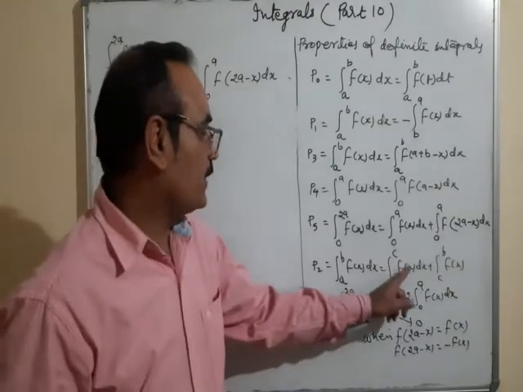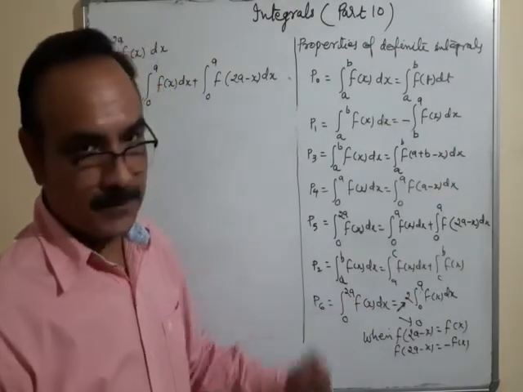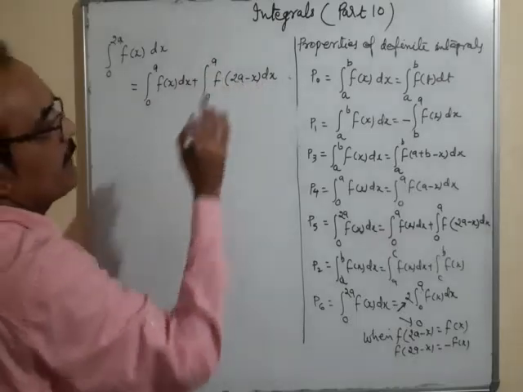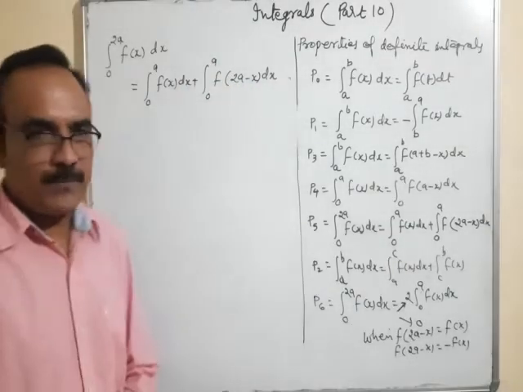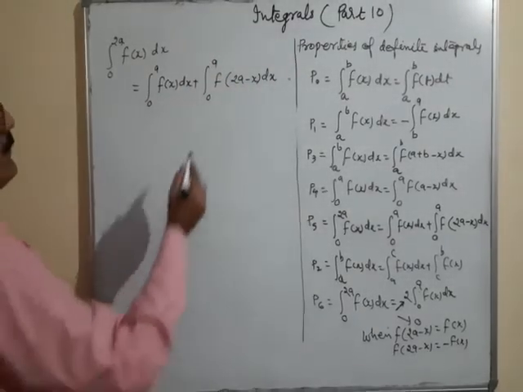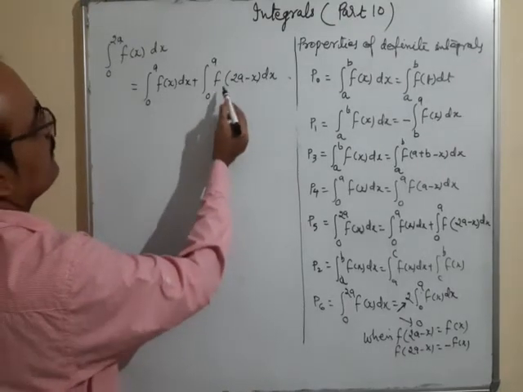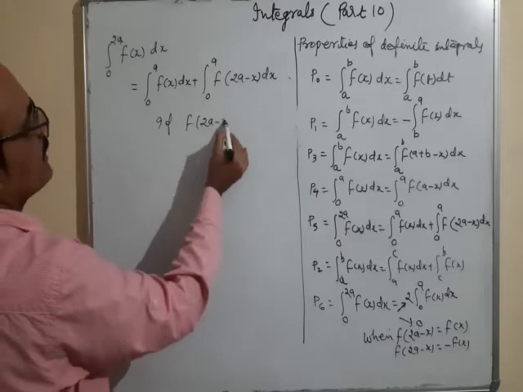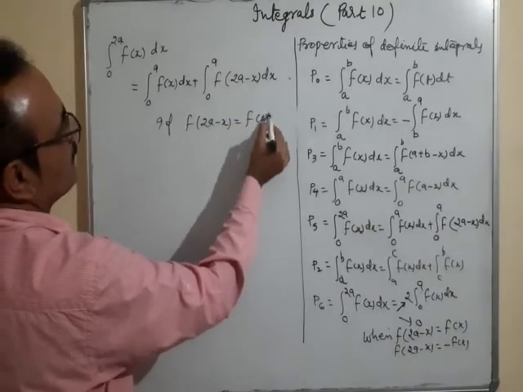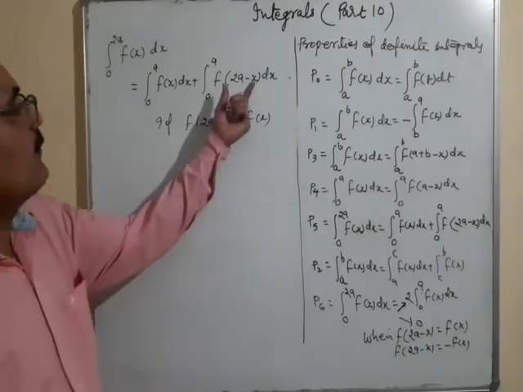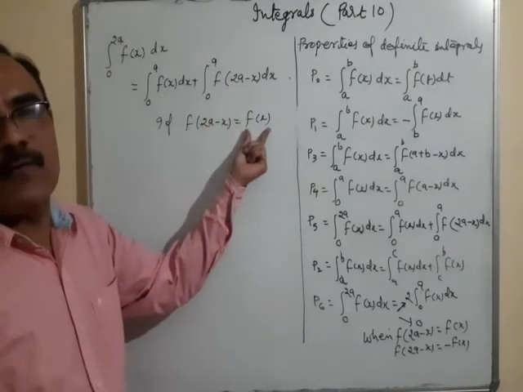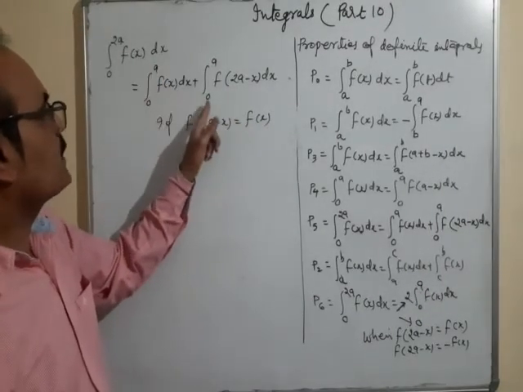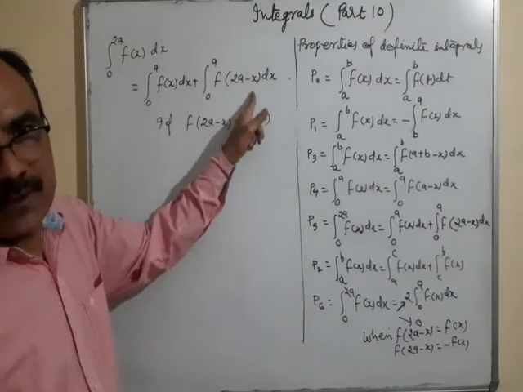Using property P5, this is the integral from 0 to a of f(x) dx plus the integral from 0 to a of f(2a minus x) dx. Now let us see the condition: if f(2a minus x) is equal to f(x), then what happens? The integral from 0 to a of f(x) plus the integral from 0 to a of f(x) dx.